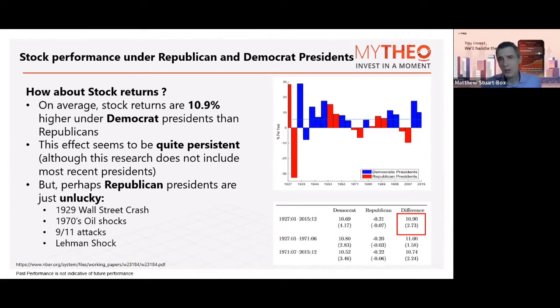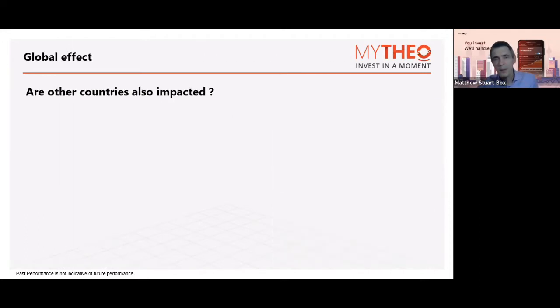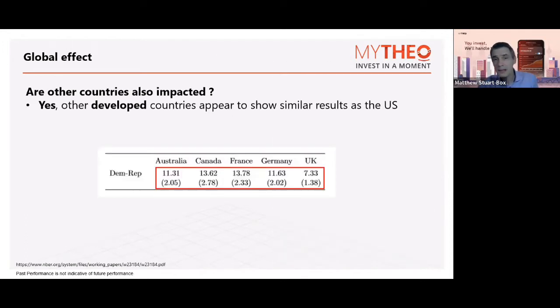Yes. So you'd expect, this is US politics, and maybe it has some relevance outside of the US, but you wouldn't expect to see such a strong result outside of the US. It turns out that actually, certainly when you look at other developed countries, the effect is still there. This is from the same research report. This is looking at the average return of stock markets in various different countries.